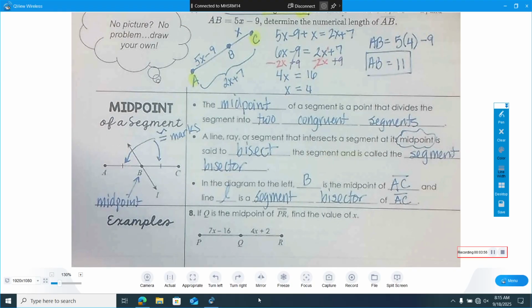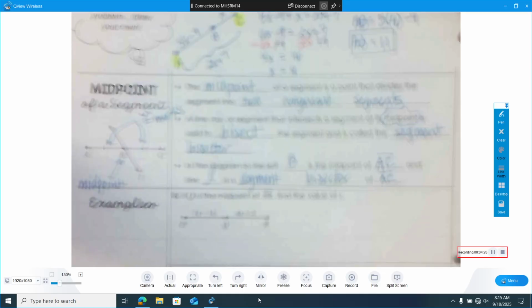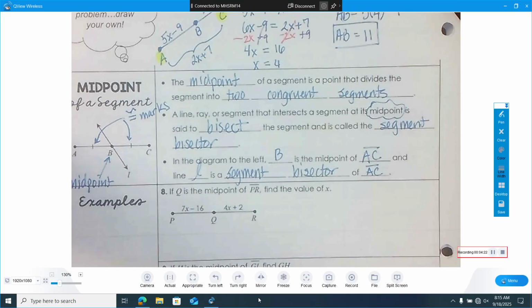So we can say line L bisects segment AC. Bisects means it cuts it into 2 sections. B is called the midpoint, again, because it cuts segment AC into 2 equal halves. So all this is really good language. I love talking about the roots of words because I think it helps if you really think about bisect, 2 sections.